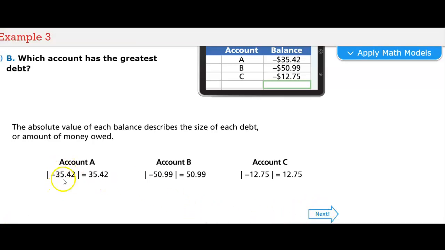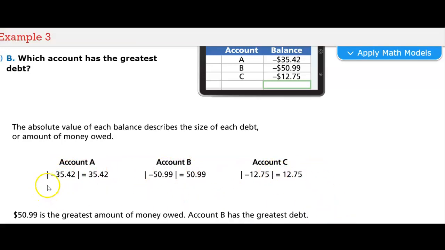So they are showing us the absolute value of each account, and $50.99 is the greatest of all of them. So account B is the one with the greatest amount of debt.